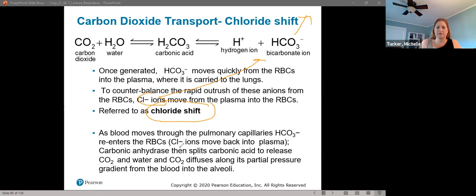As the blood is then going to move through the pulmonary capillaries, bicarbonate comes back in, chloride leaves, and this is the direction that we go at the level of the tissues. At the level of the lungs, it's reversed. So that carbon dioxide can then be excreted.